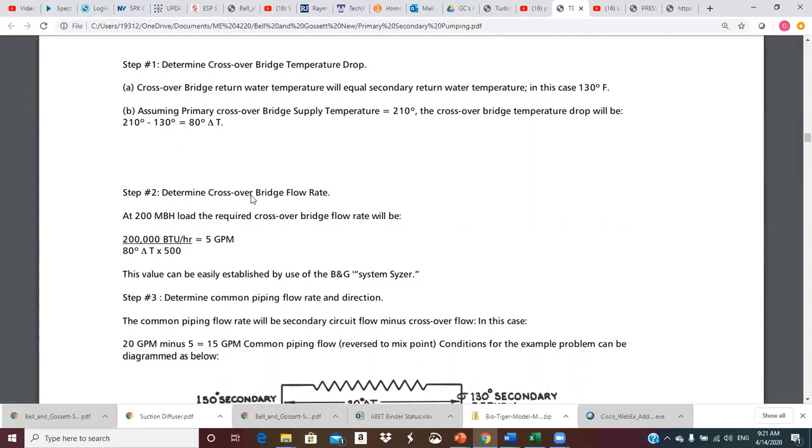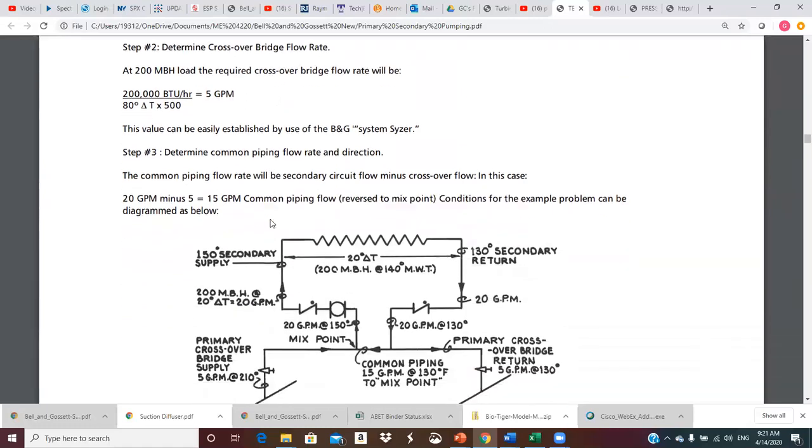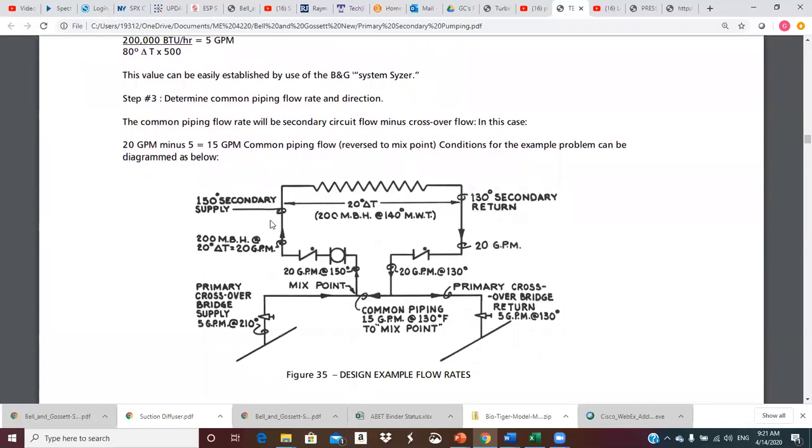Okay, so step 3, determine the common piping flow rate and direction. Well, this is pretty simple, I think. So we've got 5 GPM coming up this direction. I've got 20 GPM going away. I've got to come up with 15 GPM, and the only place it can come from is the common pipe flowing from right to left.